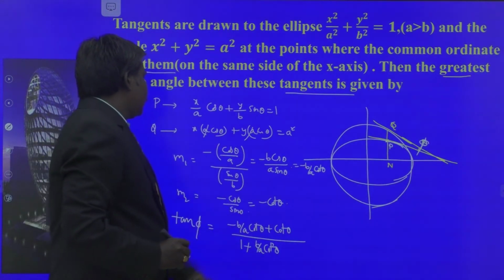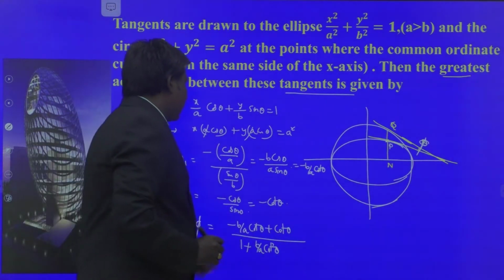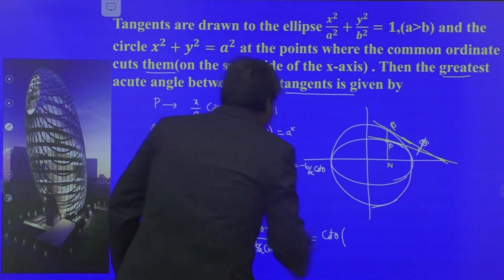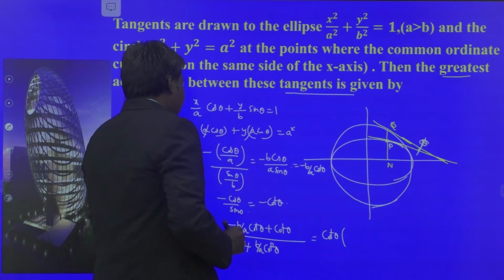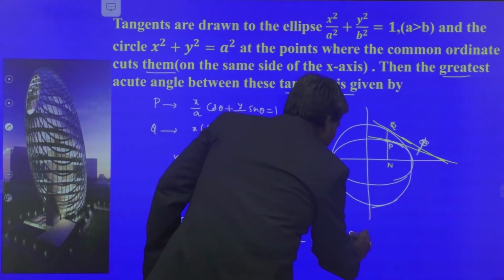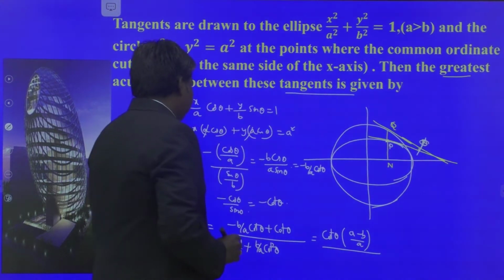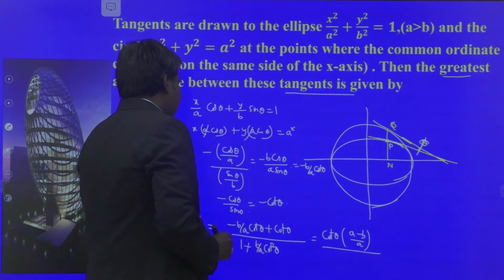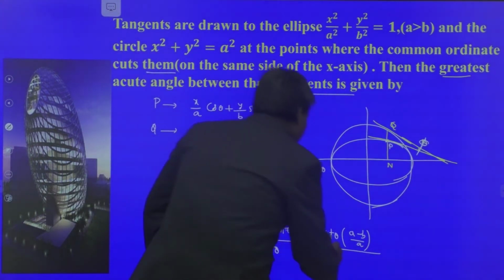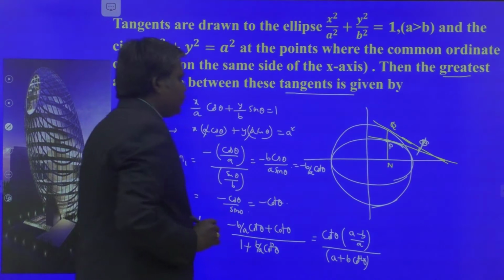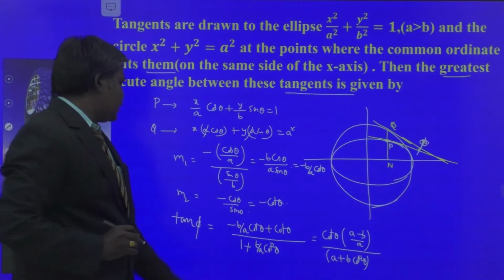So you can take cot theta common: cot theta into (a − b)/a, whole divided by (a + b cot² theta)/a.